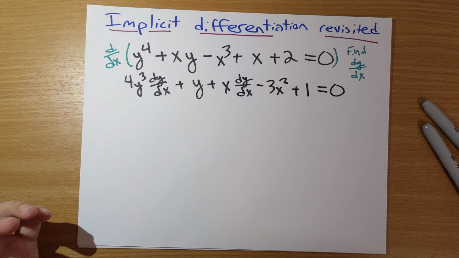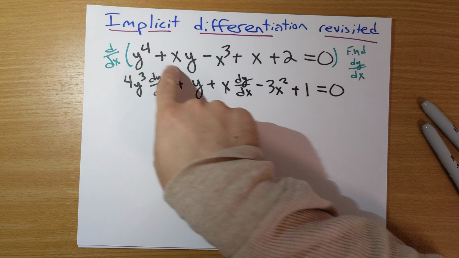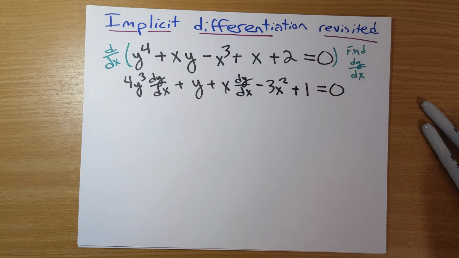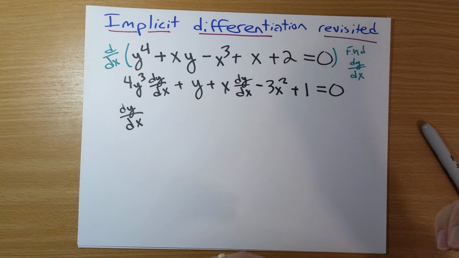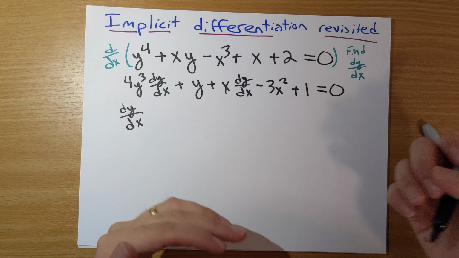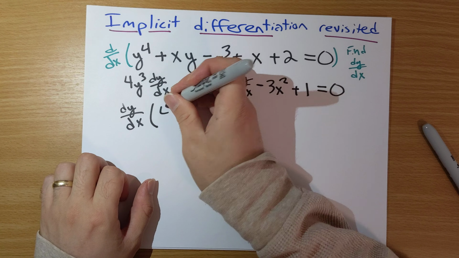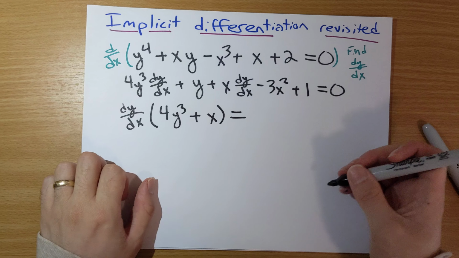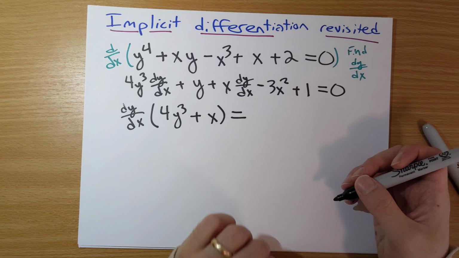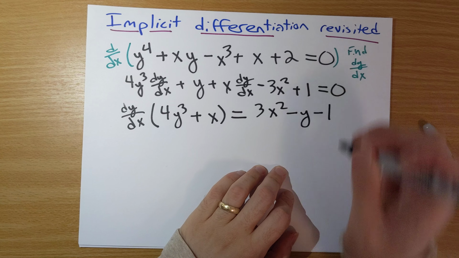Our next step would be to rewrite this. We want to factor out dy dx. We're going to treat dy dx as a single variable and solve for it, basically. So dy dx times 4y cubed plus x is equal to, let's move all of this to the other side, 3x squared minus y minus 1.